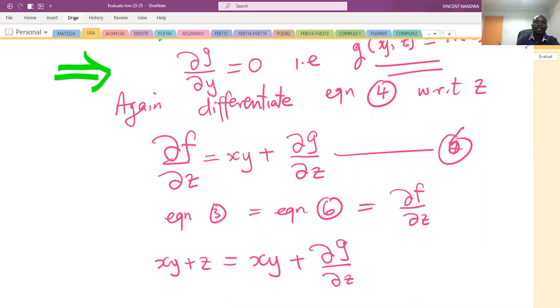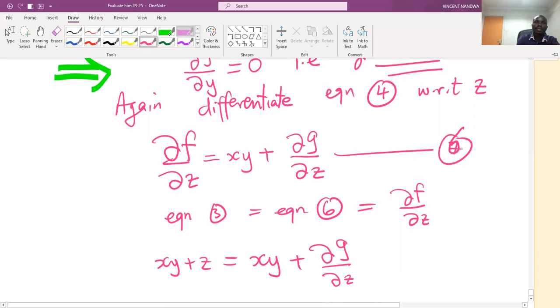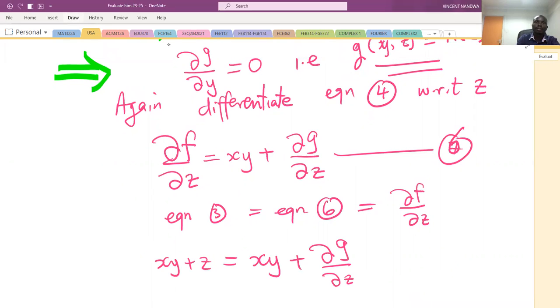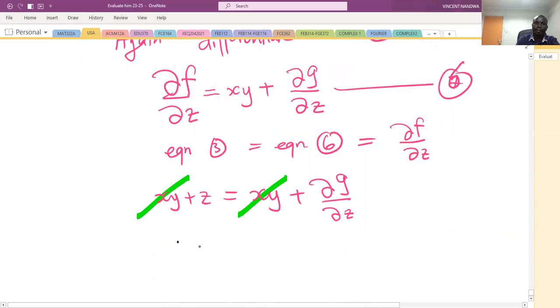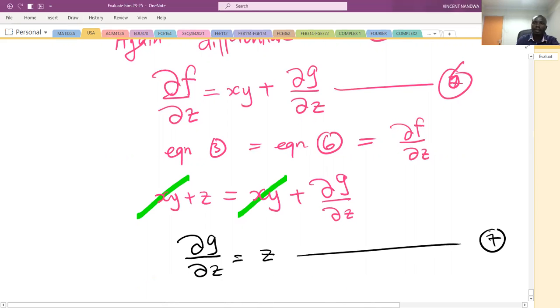And when you equate this, you see that xy cancels out, so that partial g partial z will be z. Call this one equation 7. And then partial g partial z equals z.